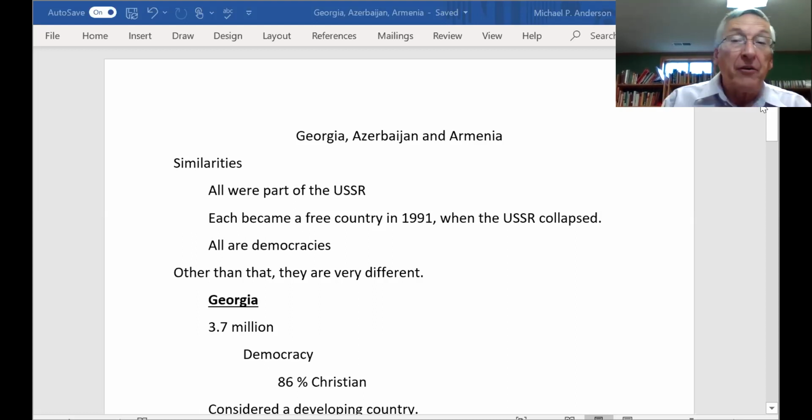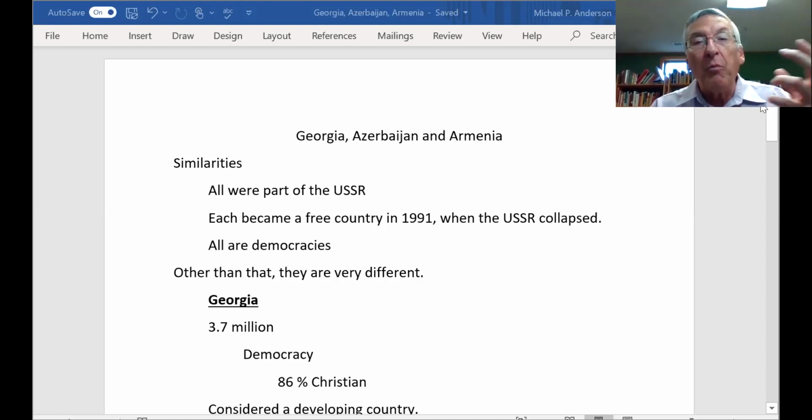Along with a whole bunch of other countries, because this Union of Soviet Socialist Republics was made up of a whole bunch of different countries that had been brought into this Soviet sphere. But when the Soviet Union fell apart, all of them became free. And this leads to some problems, which we'll discuss here in just a minute.